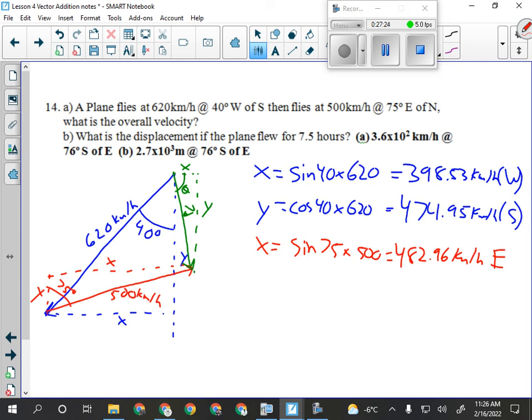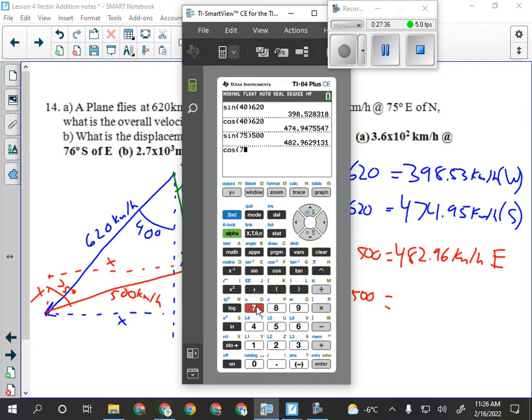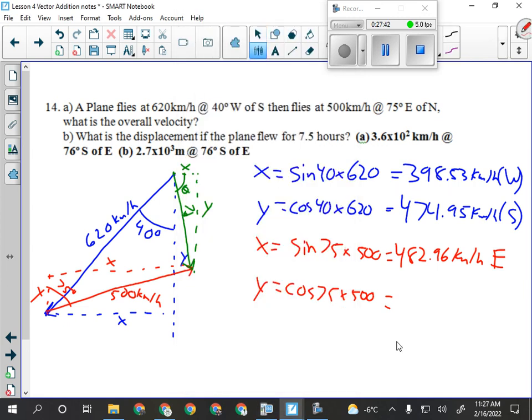And y is the adjacent side to the 75-degree angle here, so that'll be cos of 75 times 500. So 129.41 kilometers per hour, and that one is north.